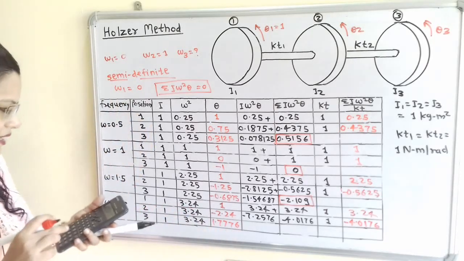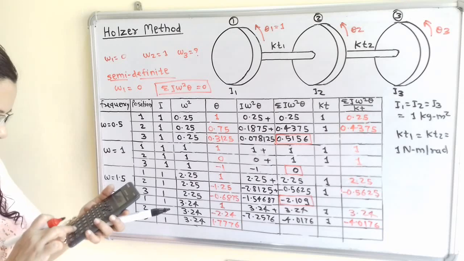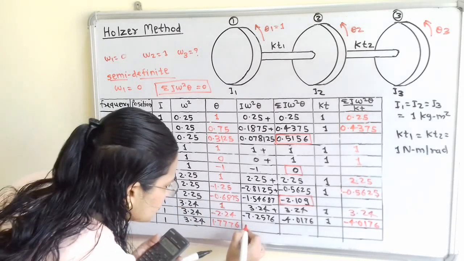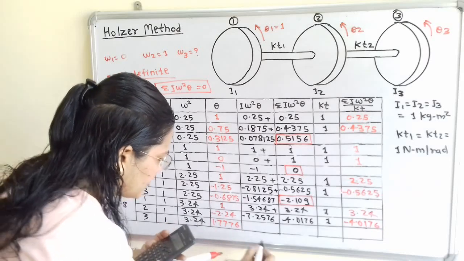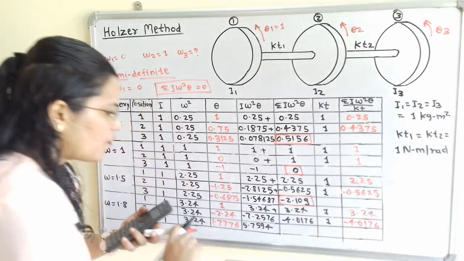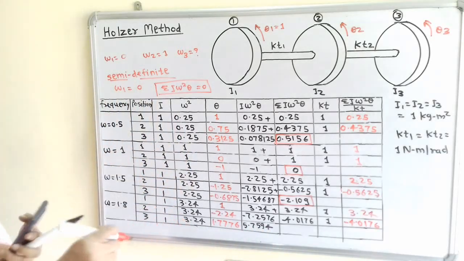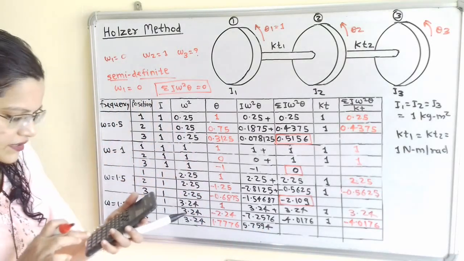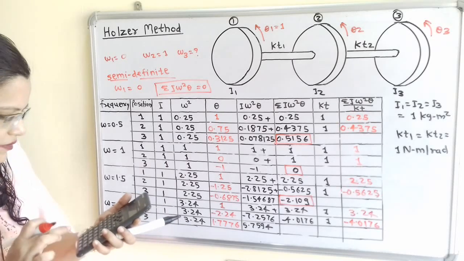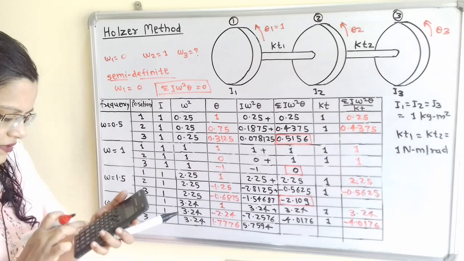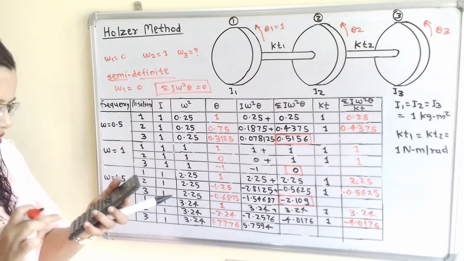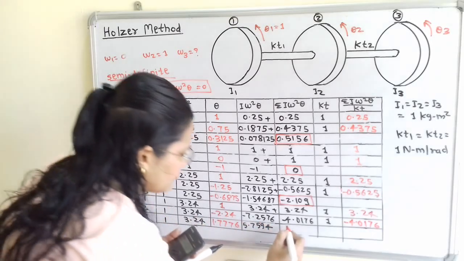Then the next I omega square theta: multiply with 3.24, that is 5.7594. Now we have to add the previous value. The previous is minus 7.2576 plus 3.24, that is equal to 1.74.